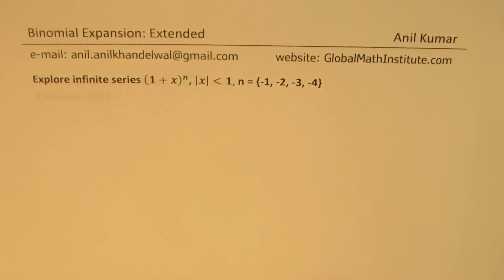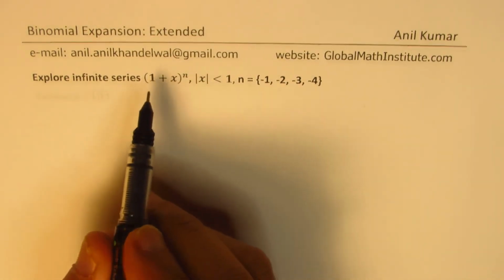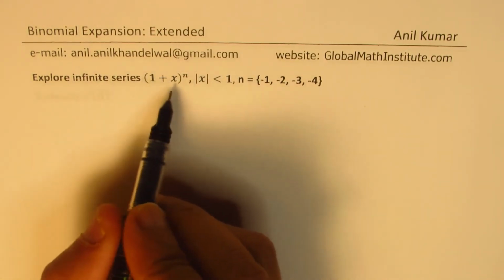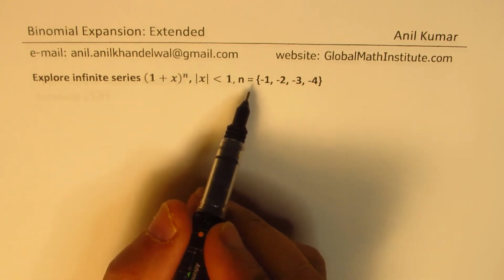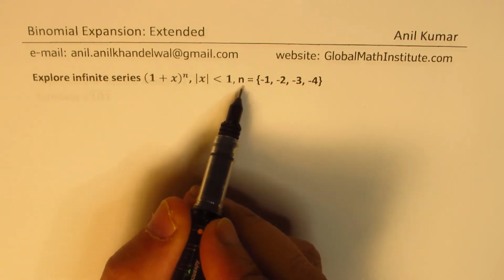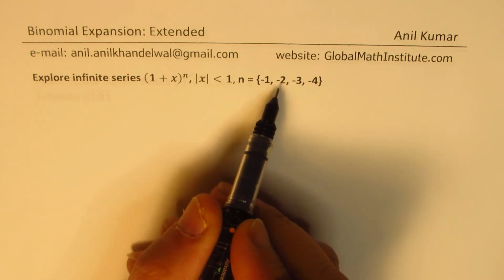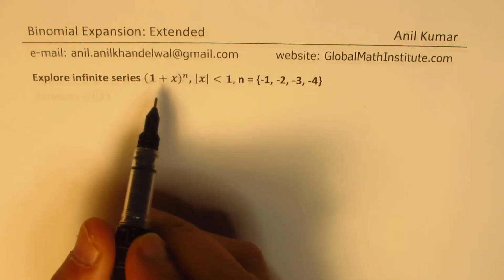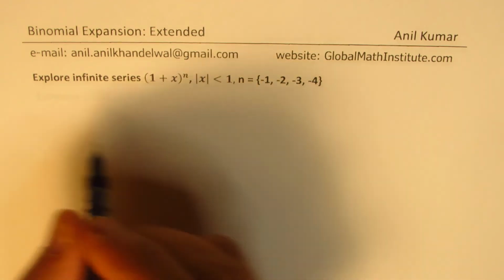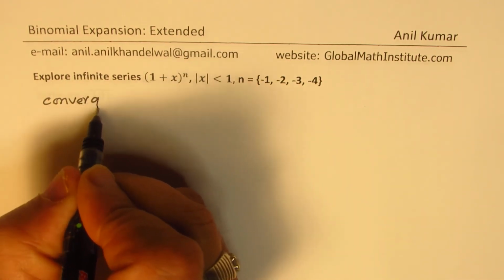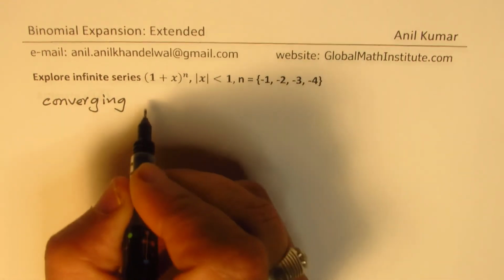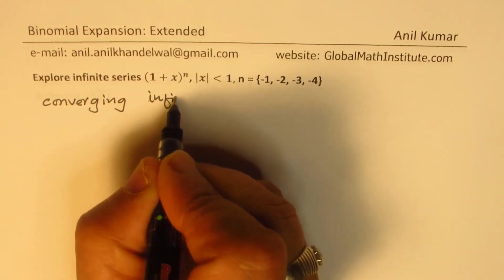So once again, what we saw here is that for this infinite series, 1 plus x to the power of n, where x is less than 1, for different values of n, like minus 1, minus 2, minus 3, minus 4, we do get a converging infinite series.